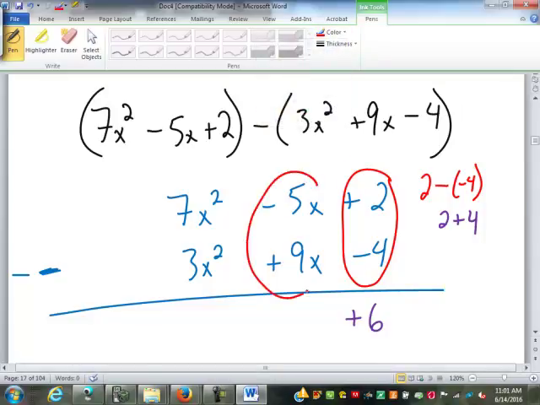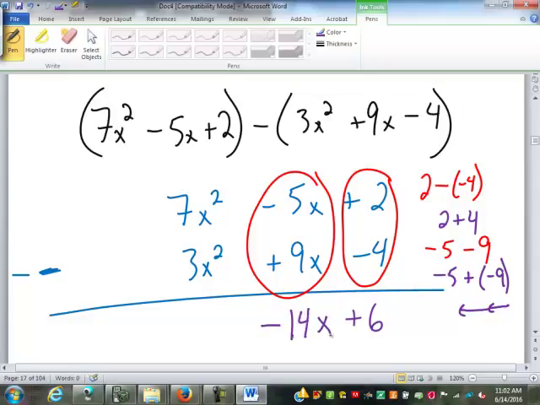Now we have negative 5 minus 9. So again, I'm going to change that. Negative 5 plus a negative 9. So from 0, we've got negative 5 and negative 9 both going the same direction. The answer is negative 14, and we keep the name of x. 7x squared minus 3x squared.